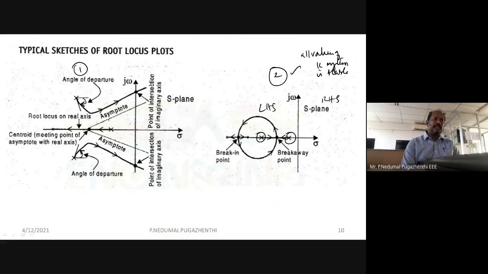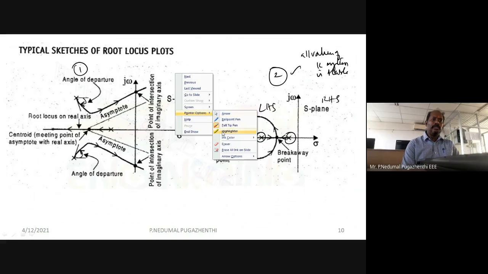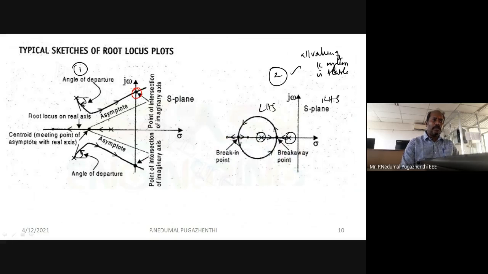And here you can see that at some point on the j omega axis, encircled in red, the roots are moving to the right hand side.